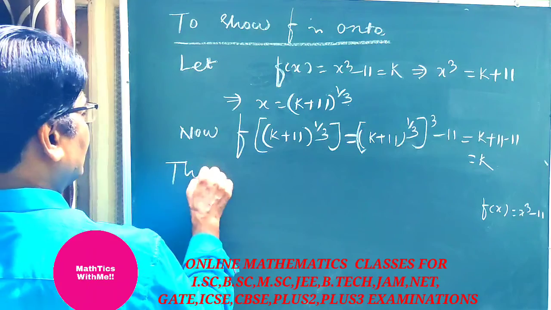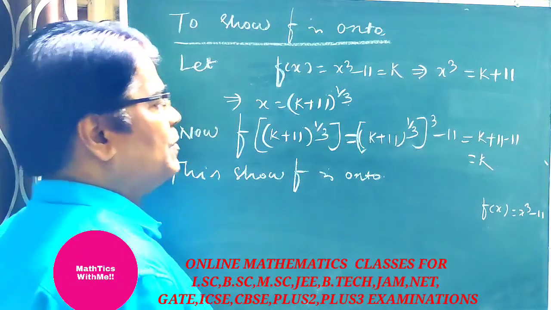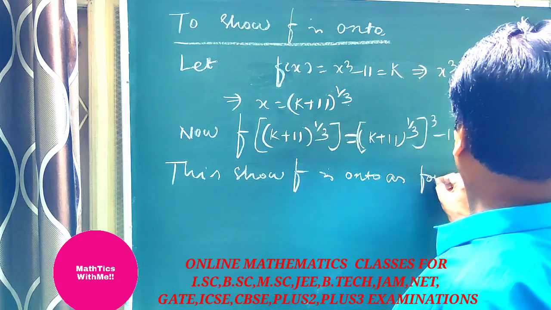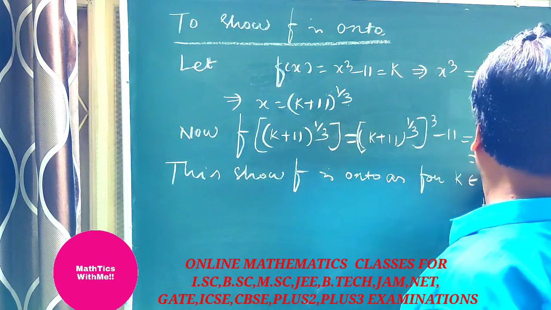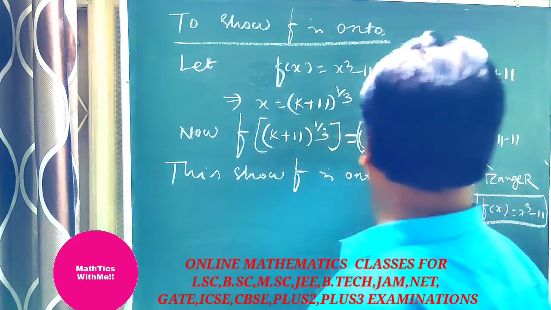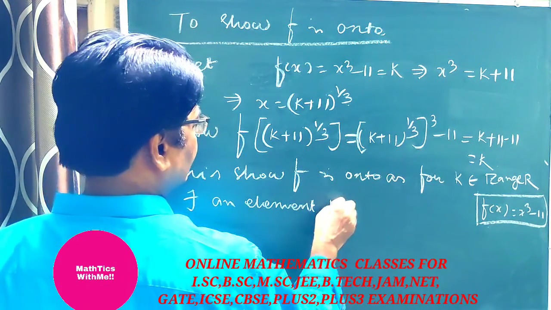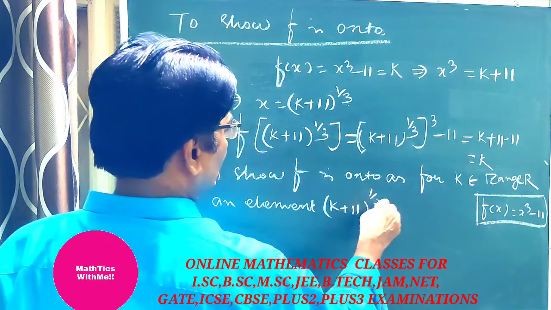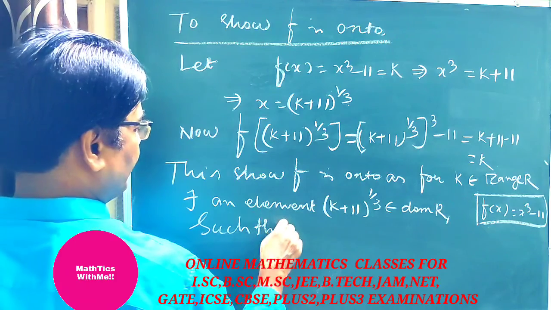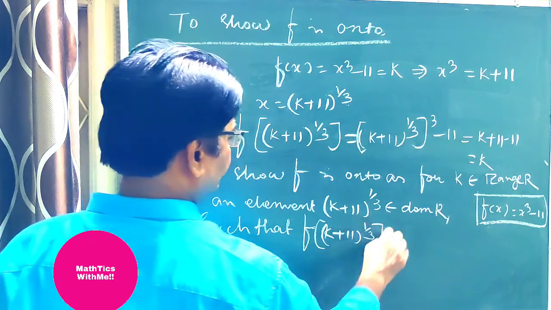This shows that f is onto because for each k belongs to range R, there exists an element (k plus 11) to the power 1 by 3 belongs to domain R, such that under the function f, (k plus 11) to the power 1 by 3 gives us k.